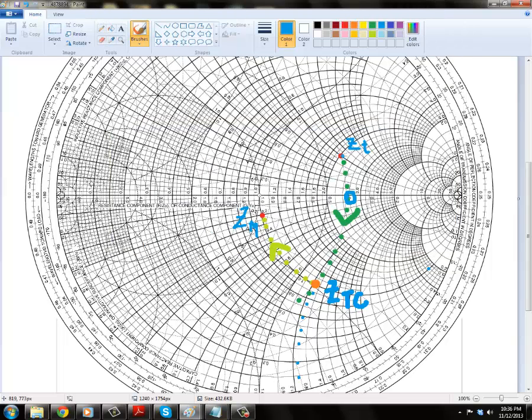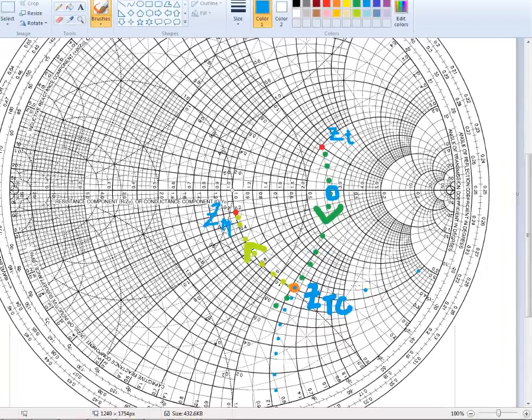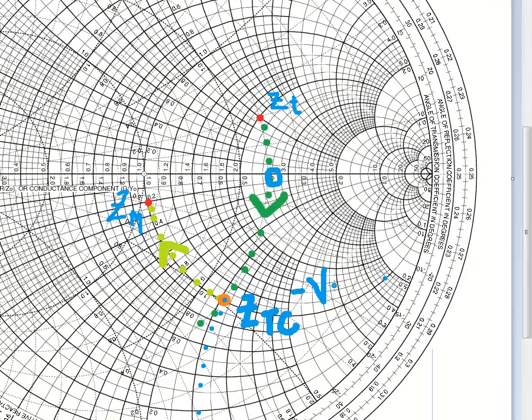We were moving from our point of ZT. We were moving downward because there was a capacitor, and at this point we reached a point which was located on the lower plane of our Smith chart. Because our desired point is located on the lower plane of our Smith chart, the ZTC will have a negative impedance, because it's ZTC, and we know that for Z the downward side is negative and the upward side is positive.